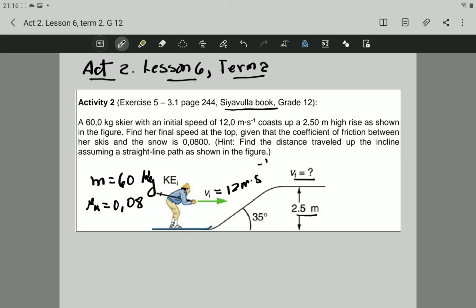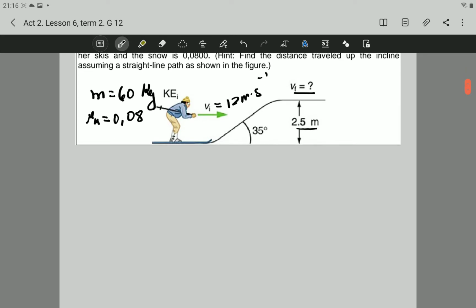Now, before we go on, we're going to draw the free body diagram while the skier is moving up this incline. Remember to take the surface on which the object is moving as the x-axis. So we're going to draw the x-axis with an inclination equal to the inclination of the surface.